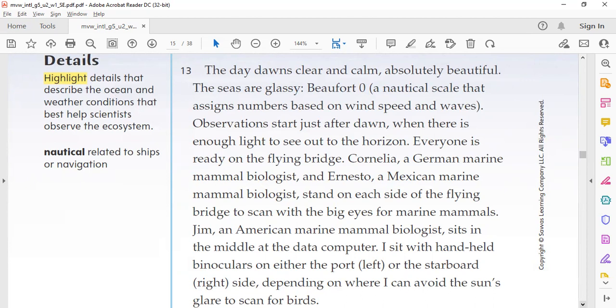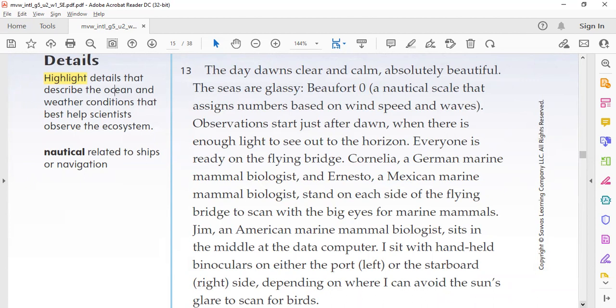Cornelia, a German marine mammal biologist, and Ernesto, a Mexican marine mammal biologist, stand on each side of the flying bridge to scan with the big eyes for marine mammals.